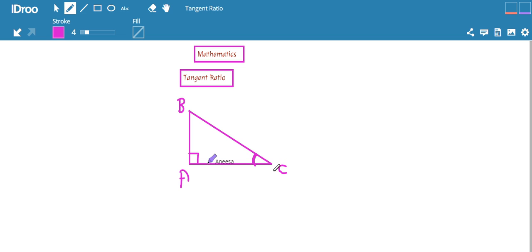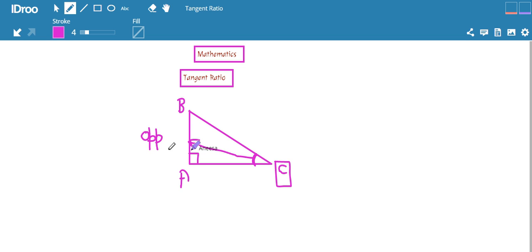Right now we consider this angle C. If we reference angle B, opposite, hypotenuse, and adjacent would be different things. Referencing angle C, the opposite would be the side opposite to this angle, which is this side.